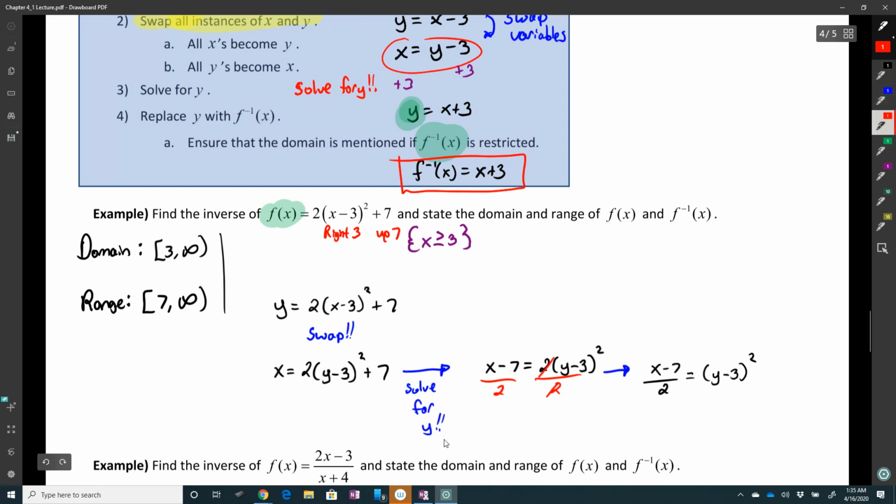Take the square root. Okay, and notice it's plus or minus, but since I'm only dealing with the positive side of my graph, I'm just going to use the positive side of the square root. And it would probably be helpful if I didn't cram this toward the bottom.